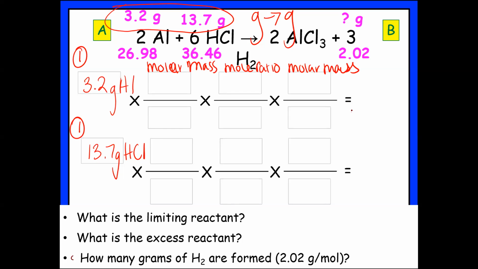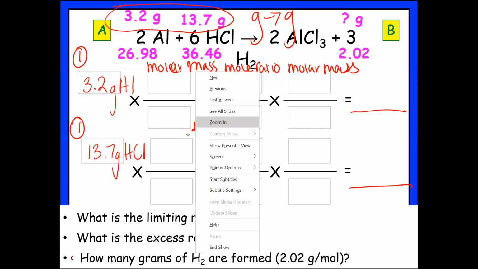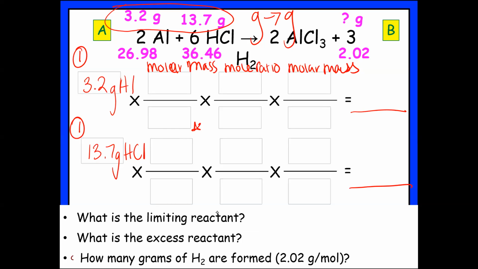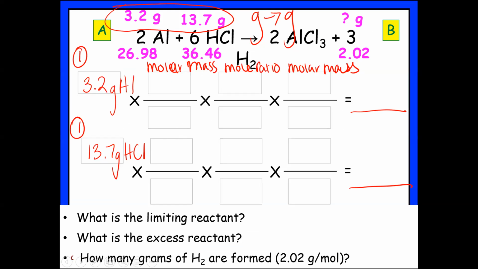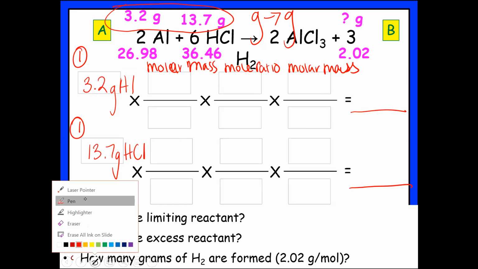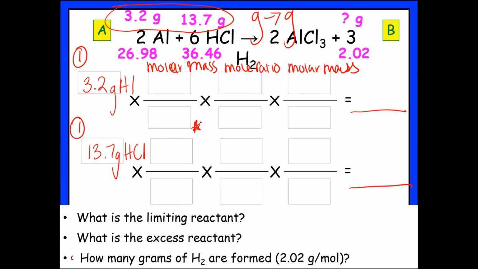And then depending on what comes out at the end, I will figure out which one's my limiting and then which one's my excess. Okay. So I got grams. What am I going to put down here? The molar mass.